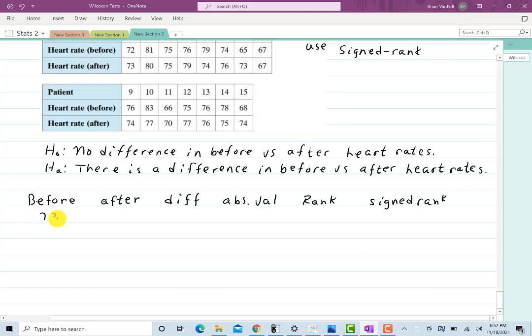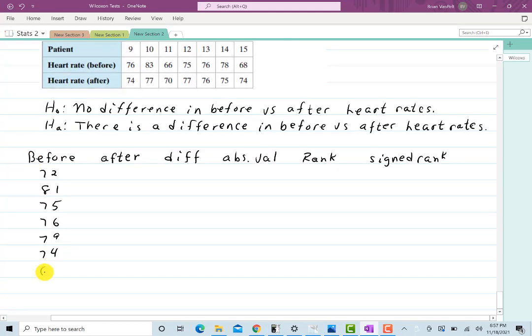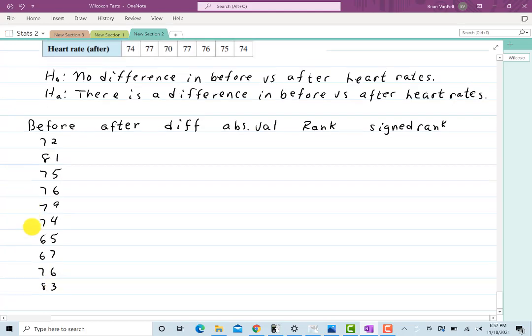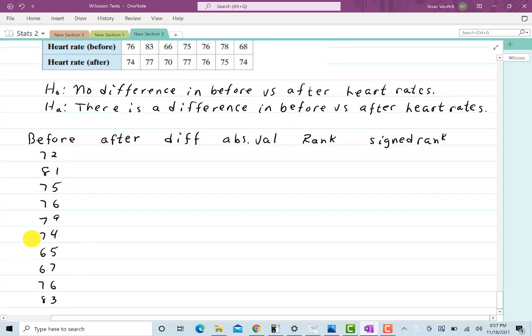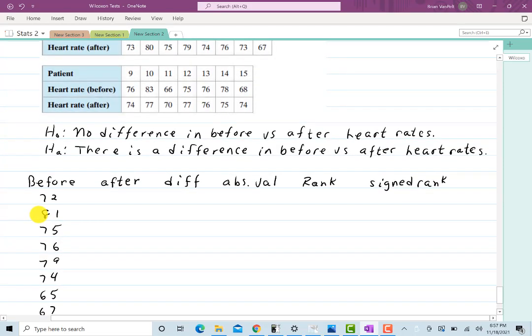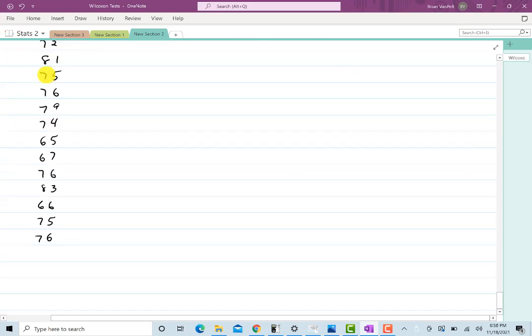So I'll have a 72, then I'll have an 81, 75, 76, 79, 74, 65, 67, and then the second of those, 76, 83, 66, 75, 76. Try to memorize enough of them. And then we have 78 and 68.